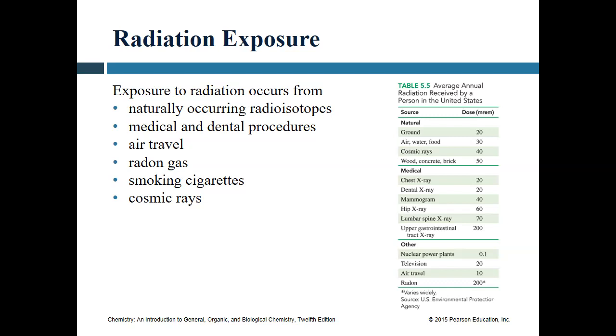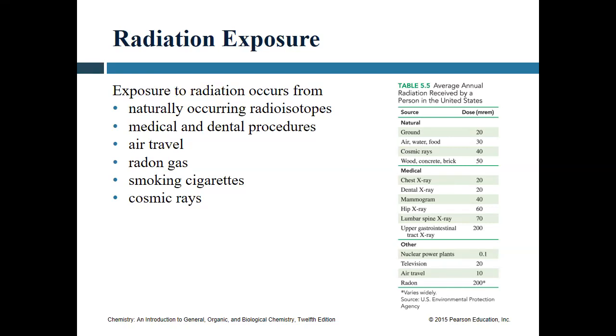So what we can see, this is the annual levels here. On a yearly basis, from minerals in the ground, you'll get a rough dose of about 20 milligrams of radiation. That's about as much as you would get for a dental x-ray. So again, we're not talking about a whole lot here. Now, a Geiger counter would pick up that radiation, but again, it's not a significant amount.